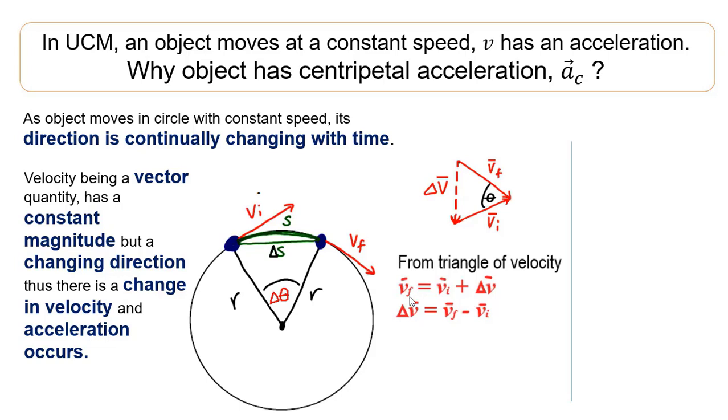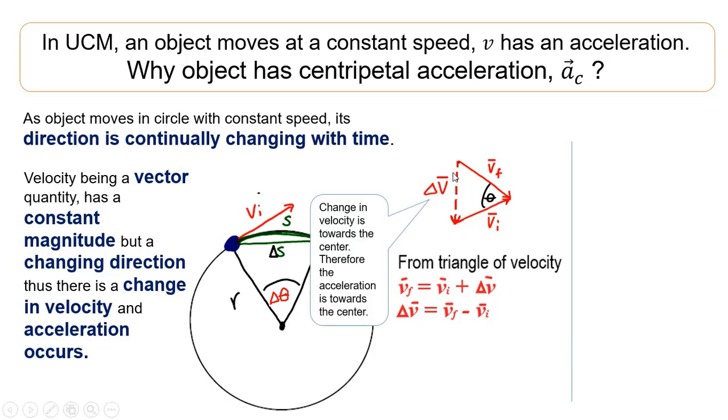So v final equals v initial plus delta v, or it can be written as delta v equals v final minus v initial. So delta v is called the change in velocity that is directed toward the center of the circular path.